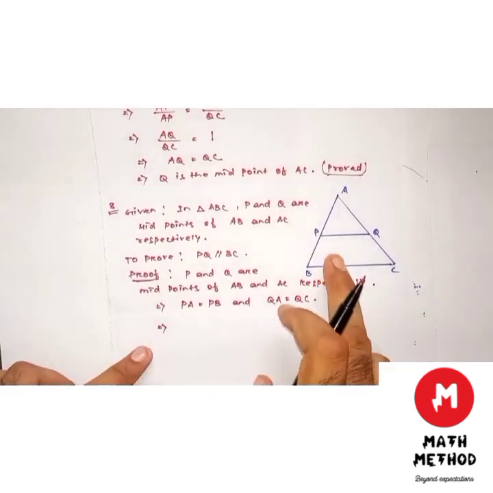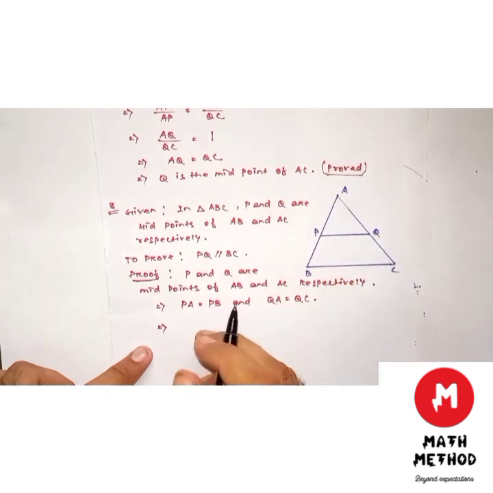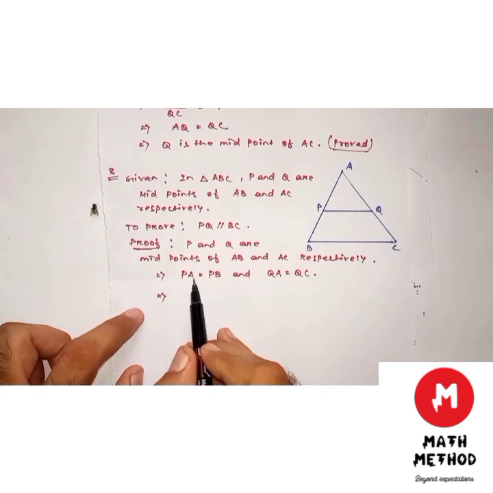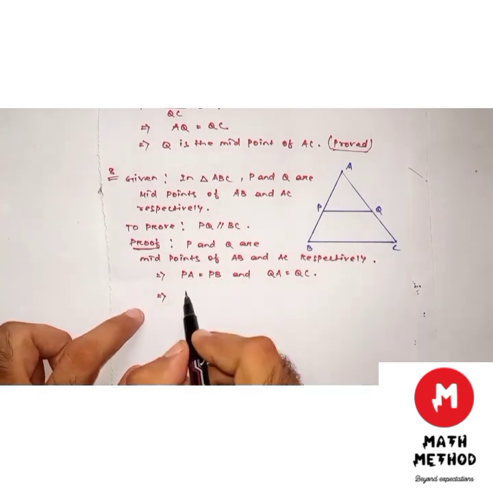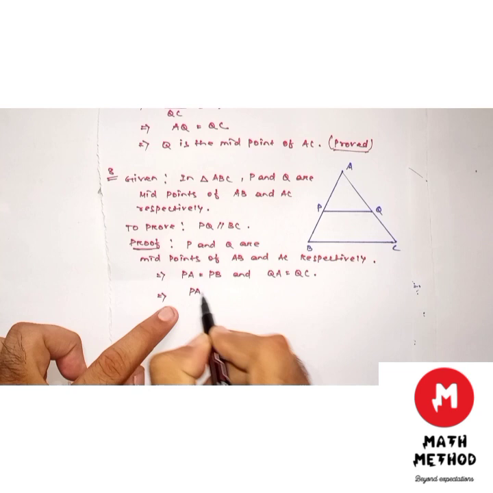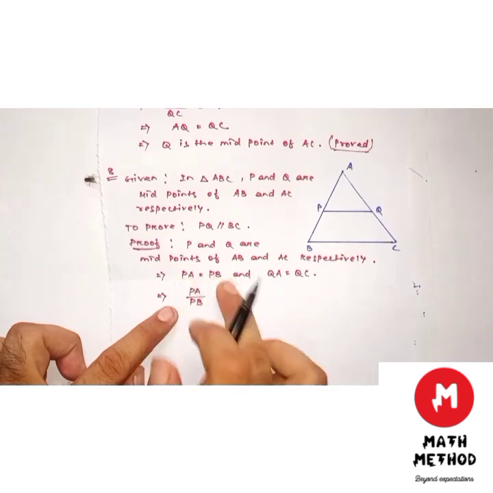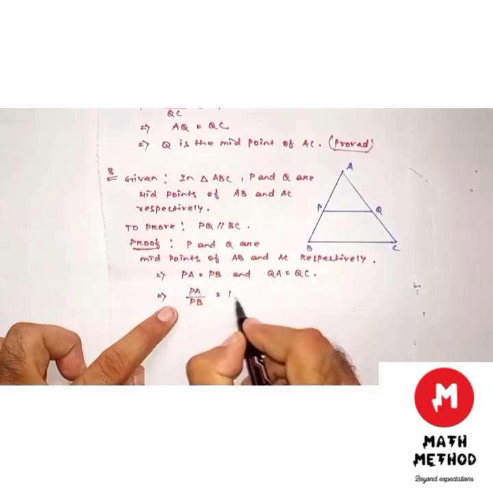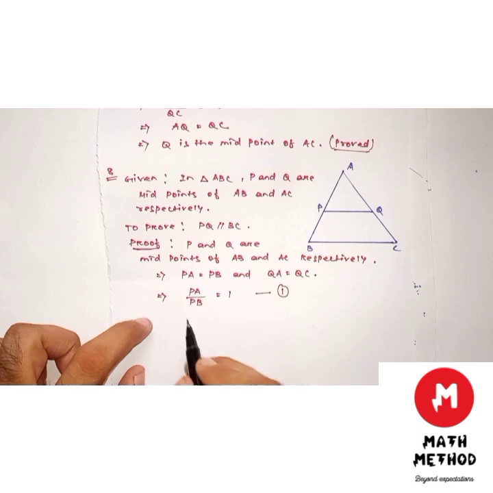Implies, according to Thales' theorem, if PA is equal to PB, then PA upon PB is equal to 1, because both are same. Therefore if we divide one by another, then we will get answer 1. This is our equation 1.